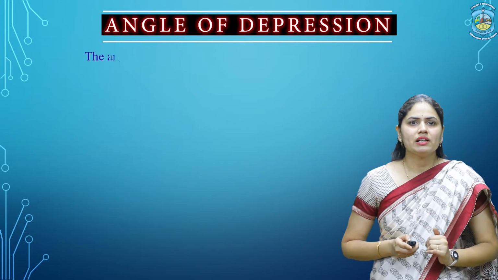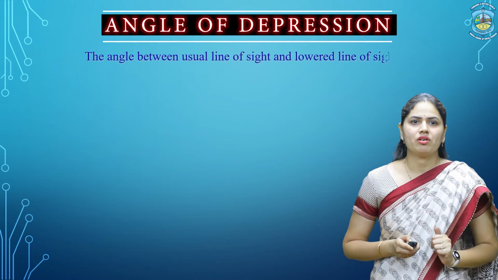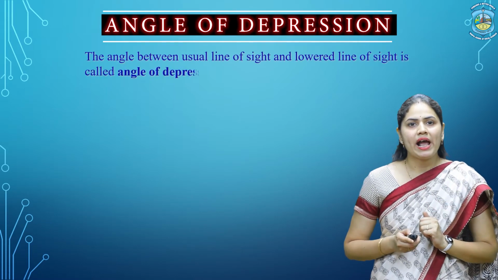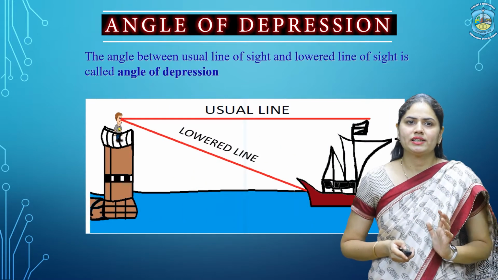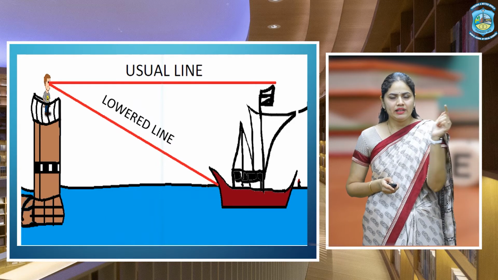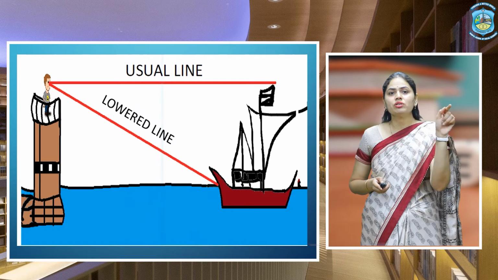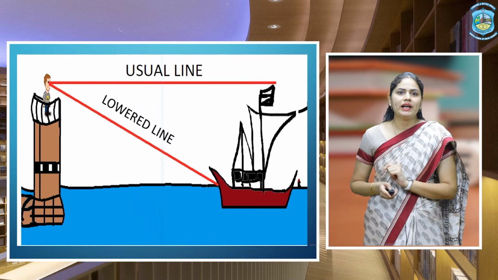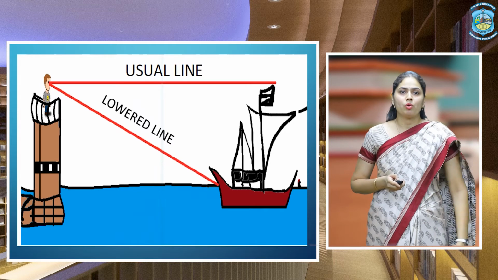The next important term is angle of depression. The angle between the usual line of sight and the lowered line of sight is called the angle of depression. Again, you can see in this diagram, a person is standing on the top and he is looking down. So there is a usual horizontal line and a lowered line, that is the imaginary line from the person's eye to the boat.